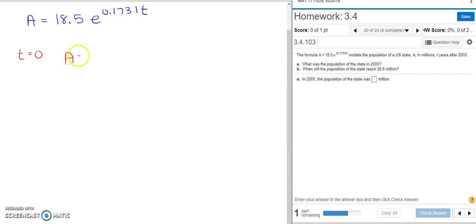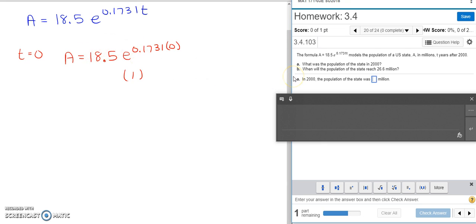So that's pretty easy. We just plug that in. Now, if this is times 0, that makes the exponent 0. E to the 0 power is 1 because anything to the 0 power is 1. So we essentially end up with 18.5 times 1, or just 18.5.